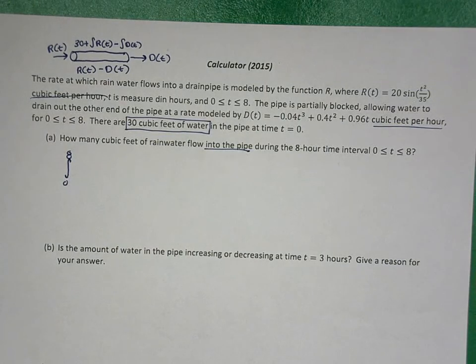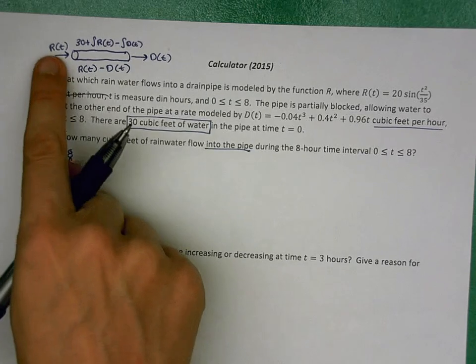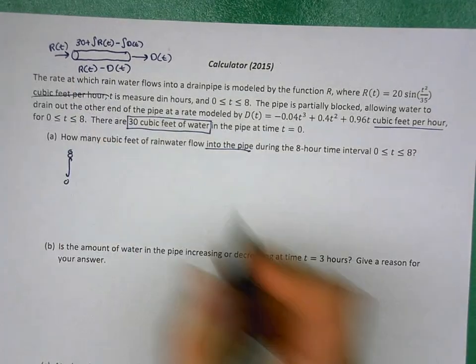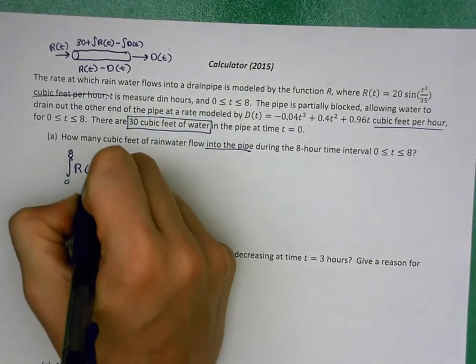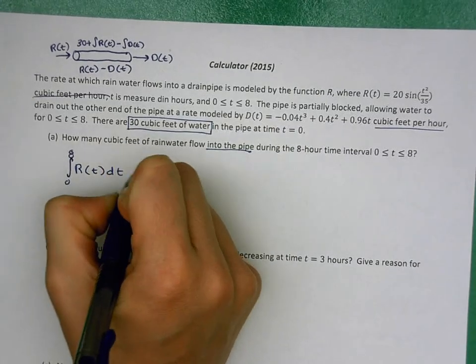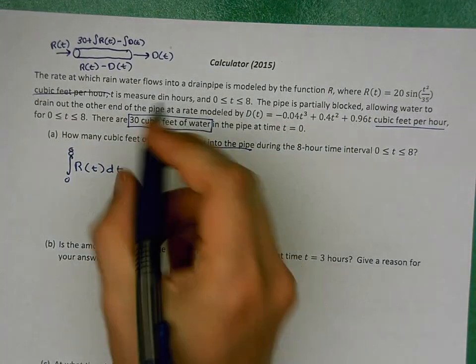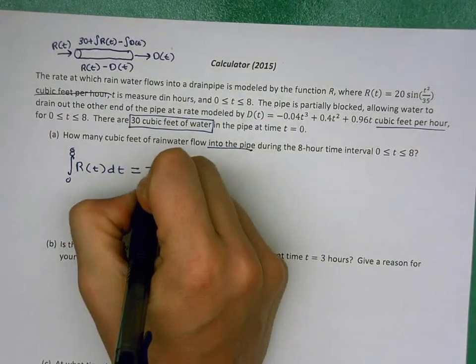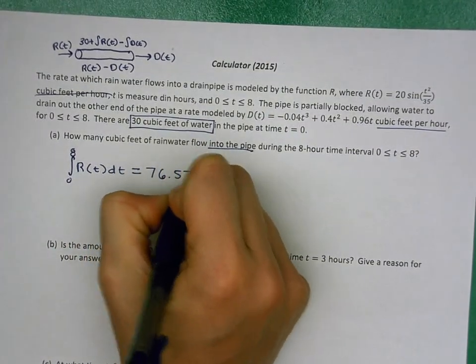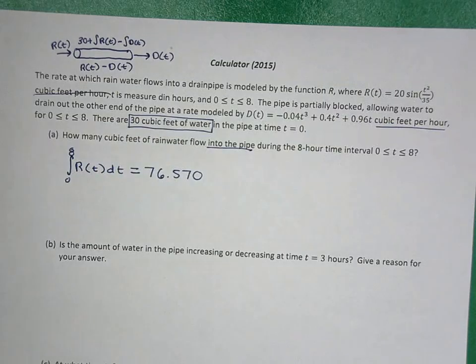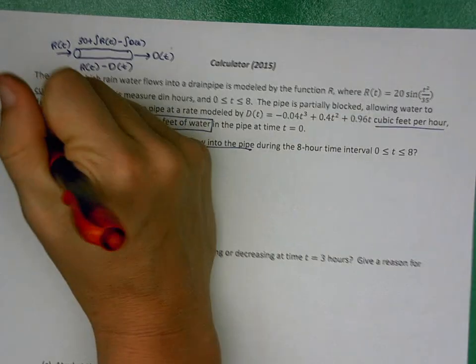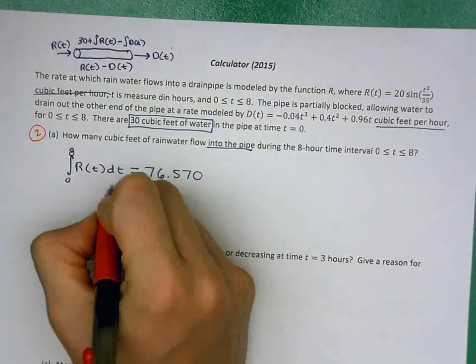Well, the total into the pipe is R of T. And then you would use your calculator for this one to get 76.570. This one was worth 2 points. One for the integrand, one for the answer.